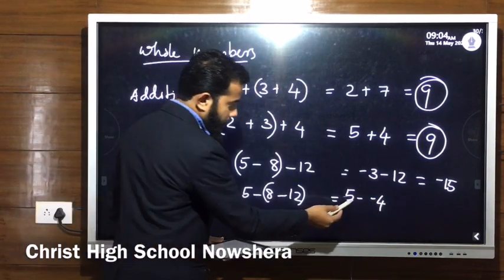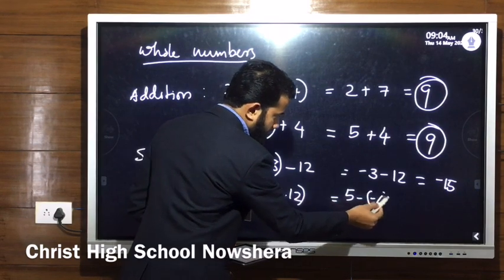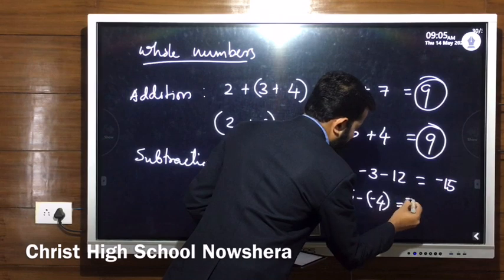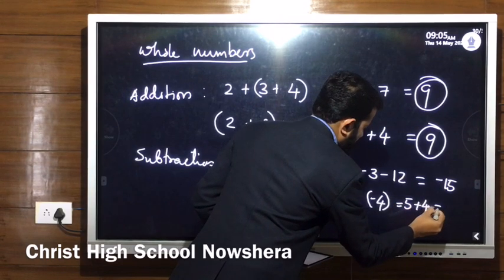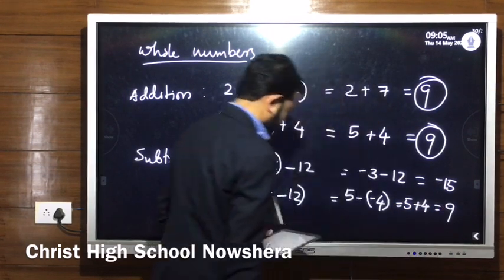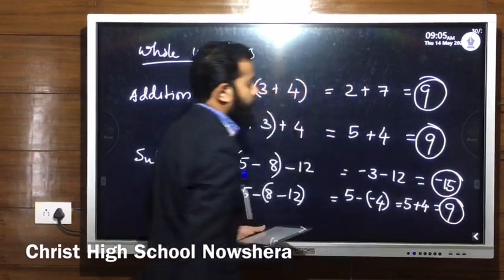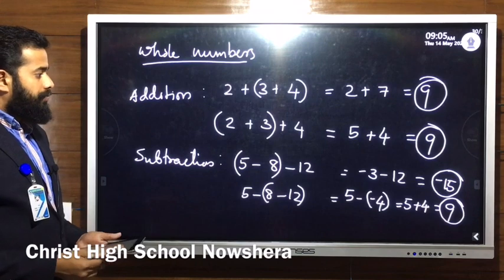Now already there is a minus outside, and this number is minus 4, so minus minus becomes plus. So it becomes 5 plus 4, which equals 9. Check the final result. They are different.